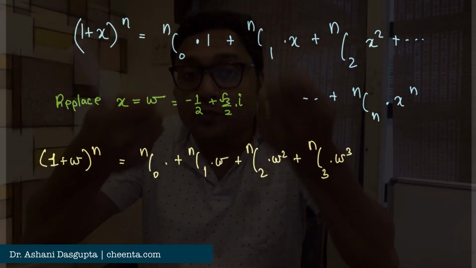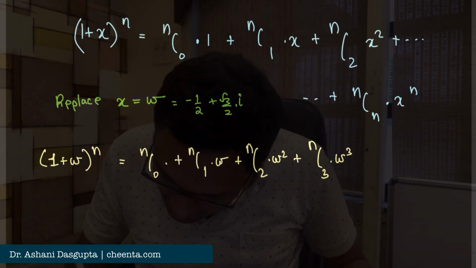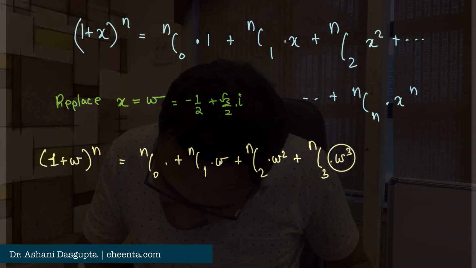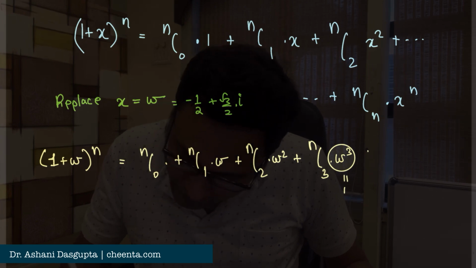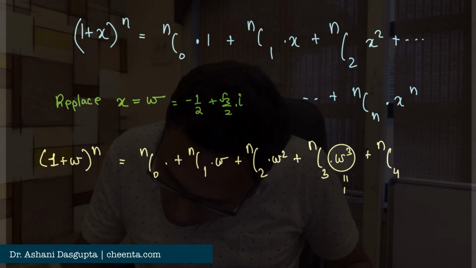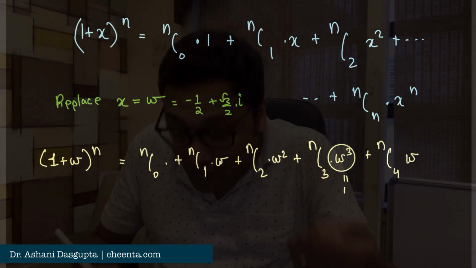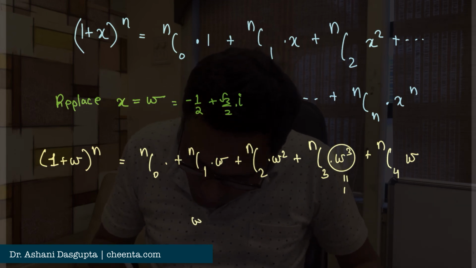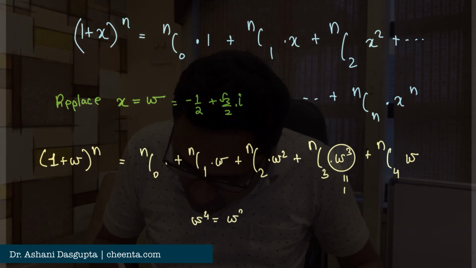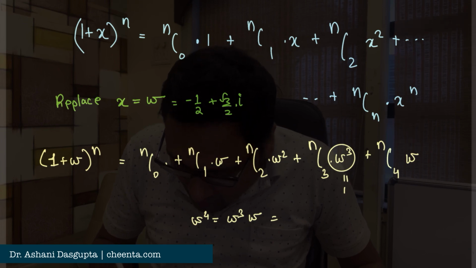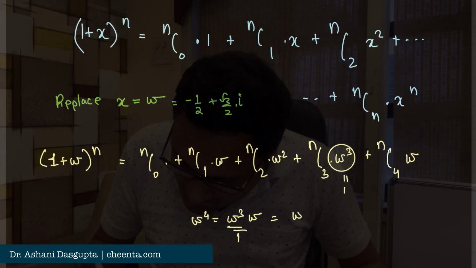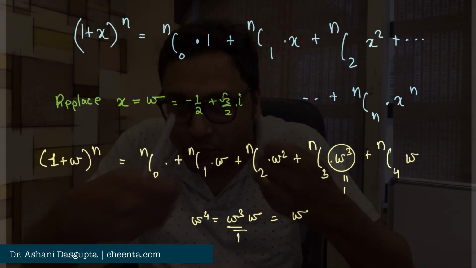So if you cube omega, you will get 1. So that's just 1. So this thing is simply 1 plus n choose 4 omega raised to the power 4. But omega raised to the power 4 is just omega cube times omega. But omega cube is 1, so that's just omega, right? So it just repeats like this.